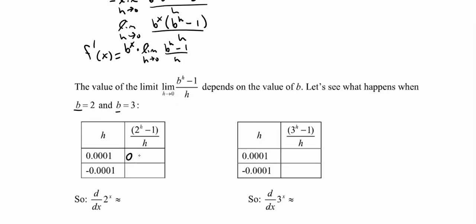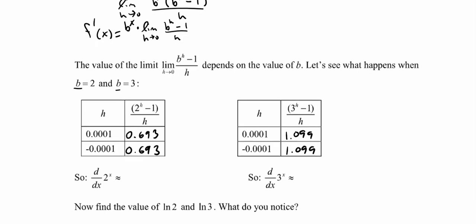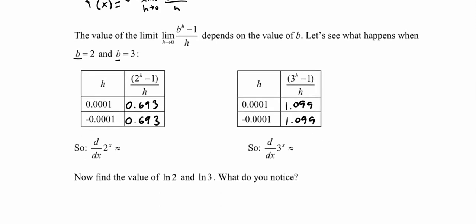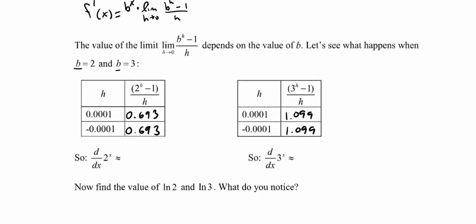Well, we get really close to 0.693 on both ends. So that's what happens if you put 2 in. Now if you put 3 in, we get 1.099, 1.099. So we're approaching that number. What's the significance of that? We'll get there, I promise.